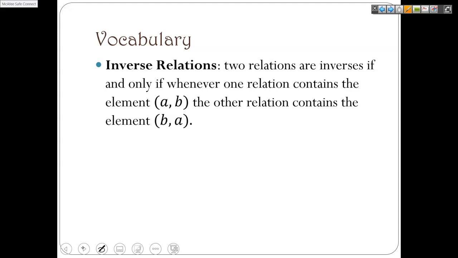So an inverse function or inverse relation is when each element of the domain becomes the range of its inverse, and the range becomes the domain of its inverse. An easy way to see that is if the original contains A, B, the inverse will contain B, A. So it's like saying if the original has 0, 3, the inverse has 3, 0.